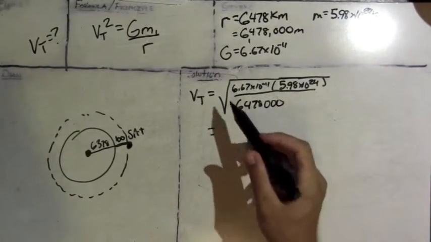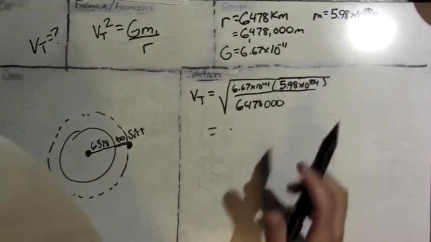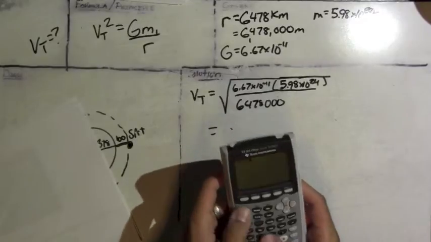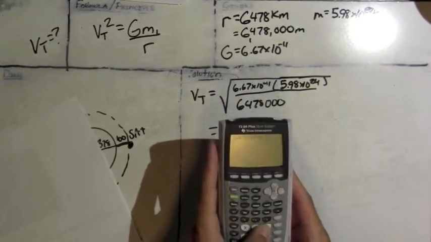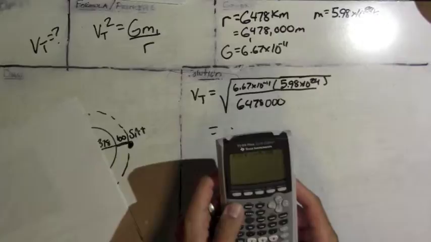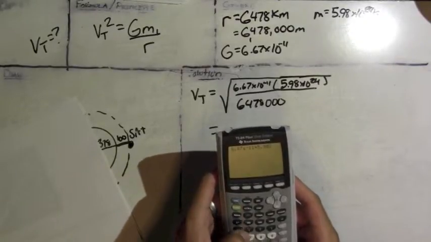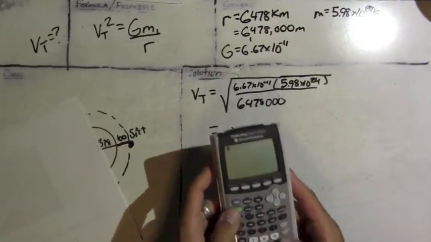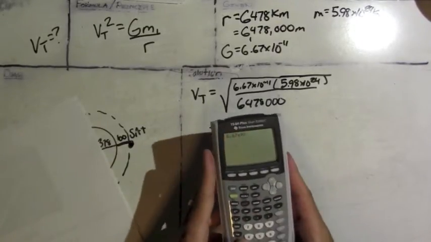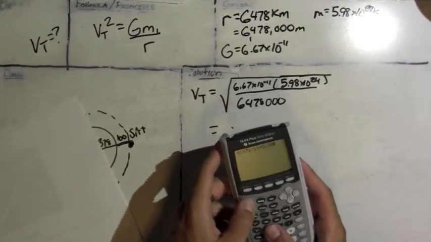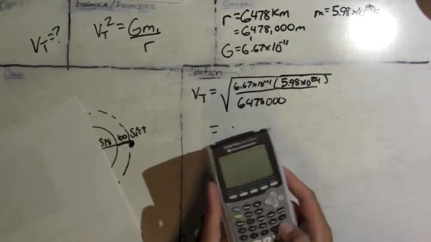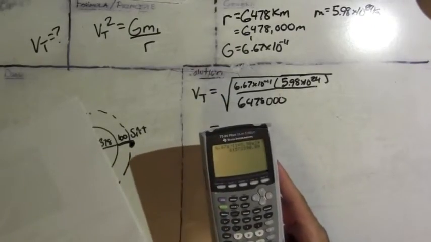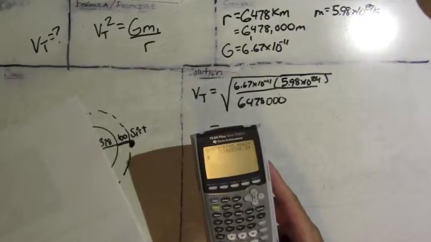Whenever we do this, everything is under the square root, so we have to do all of our math first. 6.67 E minus 11 times 5.98 E24 divided by 6,478,000. So that right there gives you a pretty high number.